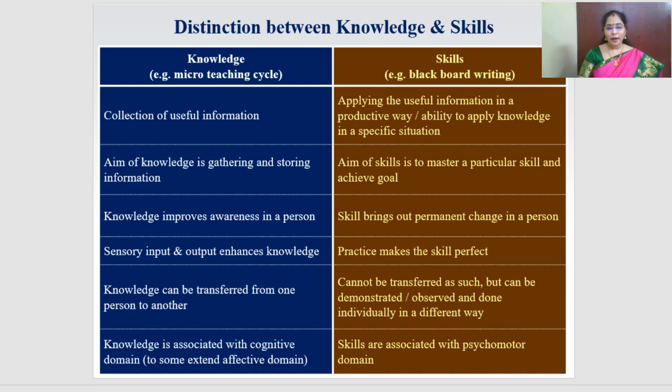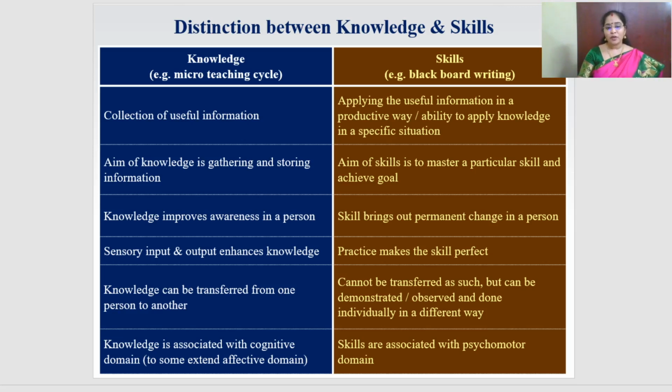When you have it in your mind that you are going to learn about the micro-teaching cycle, that is plan, teach, feedback, replan, reteach, refeedback, the complete information about the micro-teaching cycle is an example of knowledge. But when you are focusing on developing your own blackboard writing, that is what is called skill. Having these examples in your mind, when you relate all the points we are going to discuss, it will be very easy for you to understand.